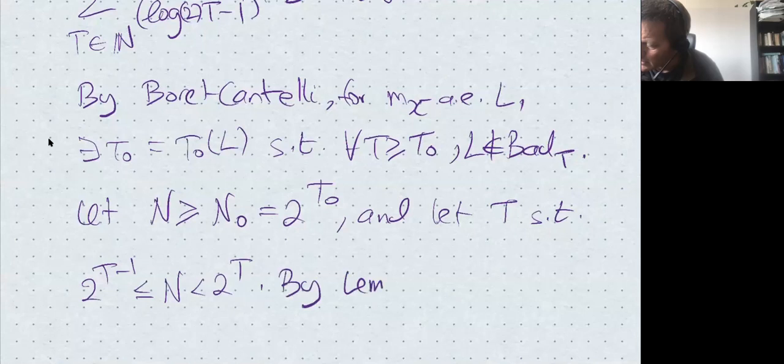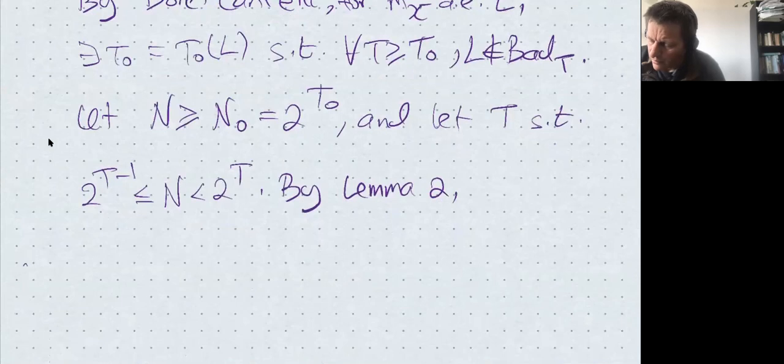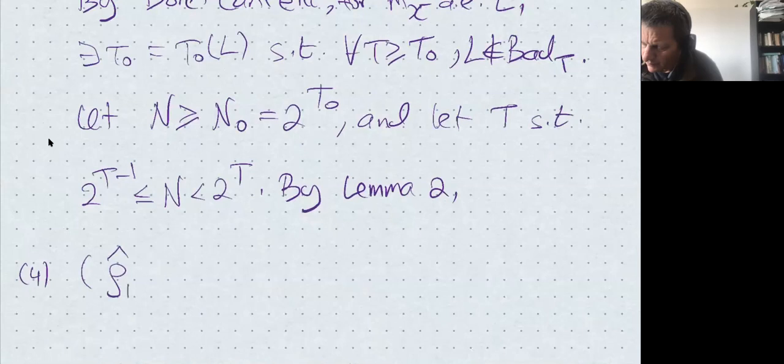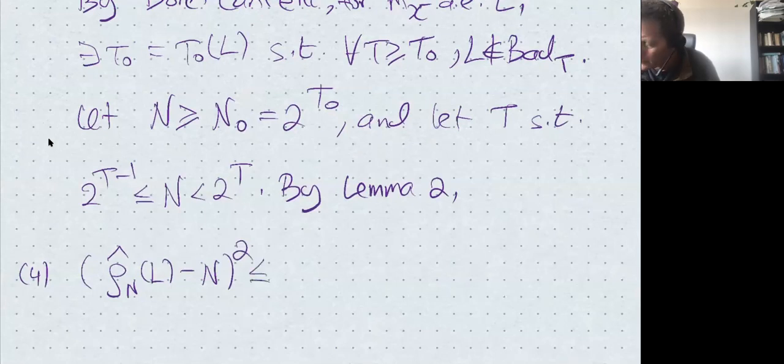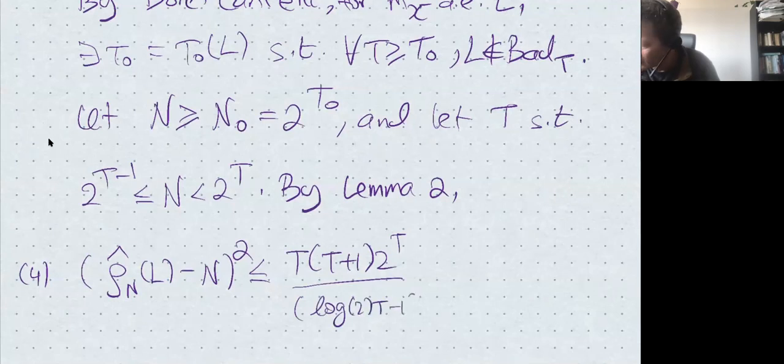And let's now use lemma 2. And we're going to get a formula that I want to call formula 4. So the bound that I've just written is exactly what lemma 2 gives you.